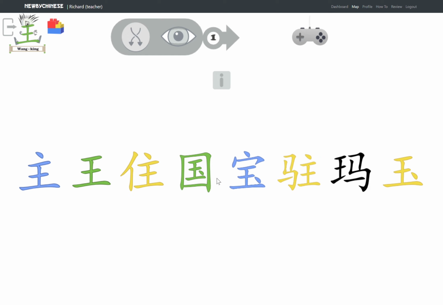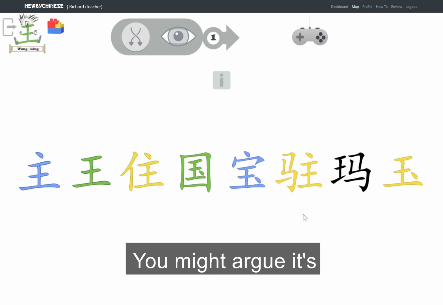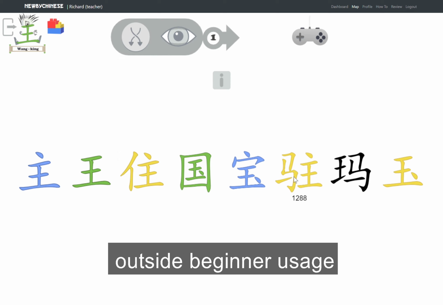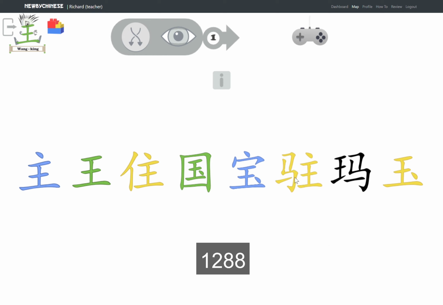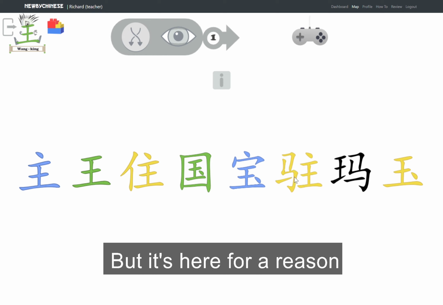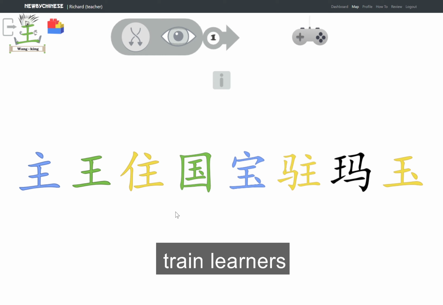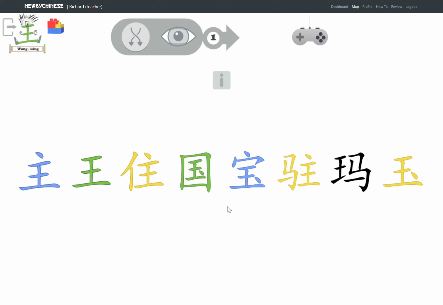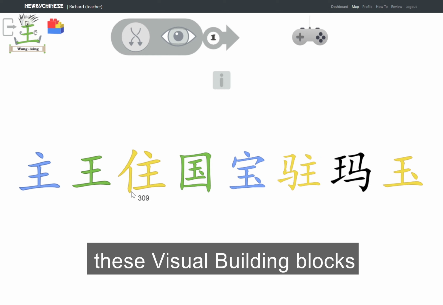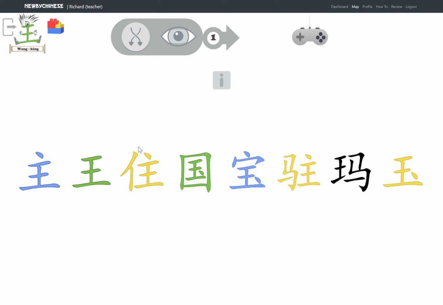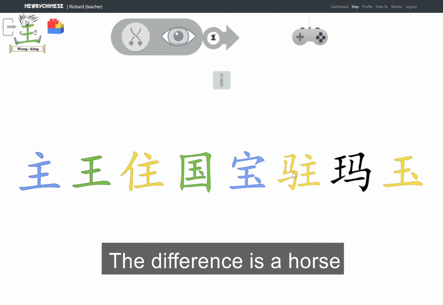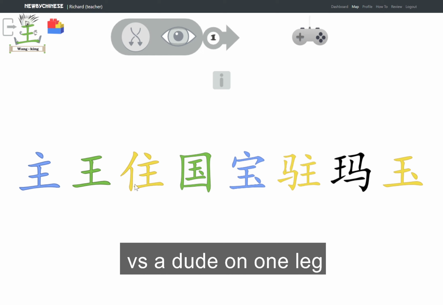Bao is 811, Guo is 20, etc. So 1288, you might say that's a little bit of a far reach. 1288th most used Chinese character. But it's put in here very deliberately because what we want to do is train learners from day one, their very first contact with Chinese characters, to look and read these visual building blocks. So when they see the difference here, the difference is a horse versus a dude on one leg.